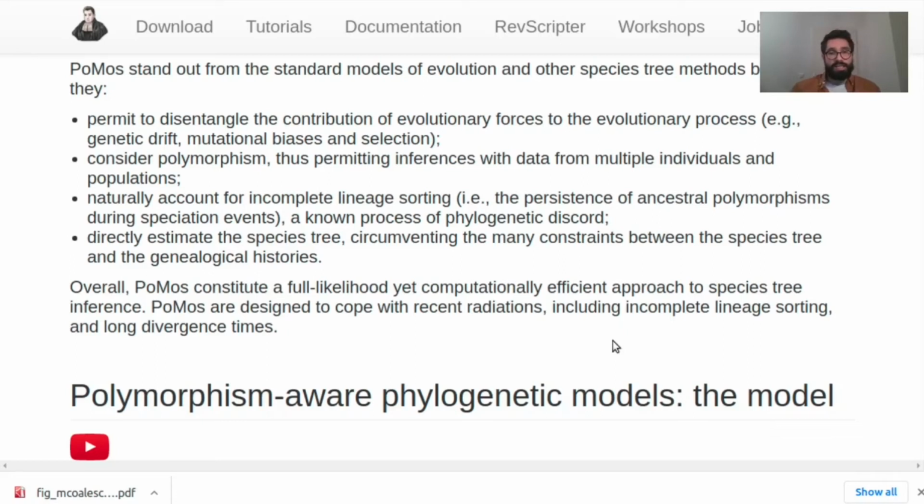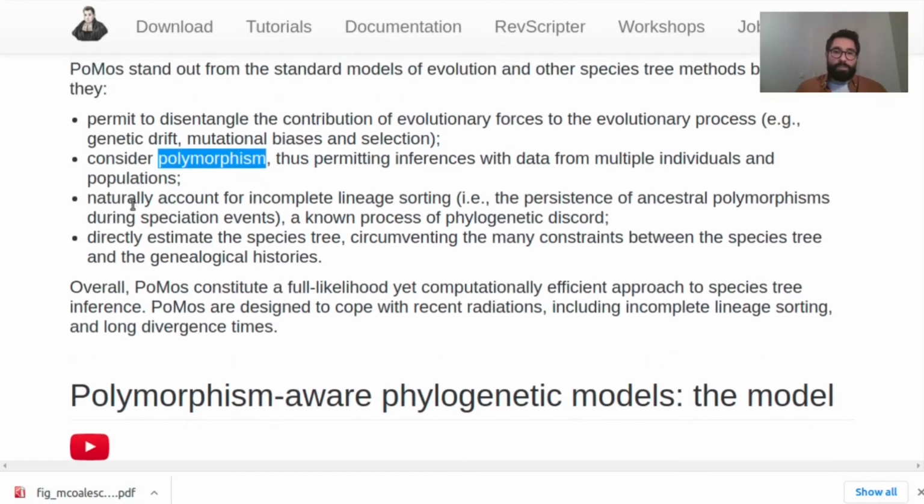Another thing is that because POMOs include polymorphisms in their state space, they permit to perform inferences with data from multiple individuals and populations. Typically, interspecific variation is discarded in the standard models, but in POMOs it is fully accounted for.